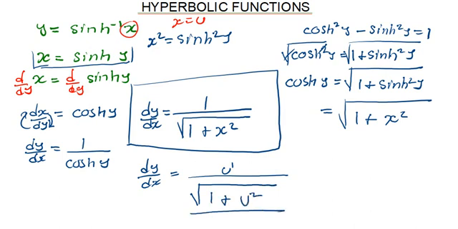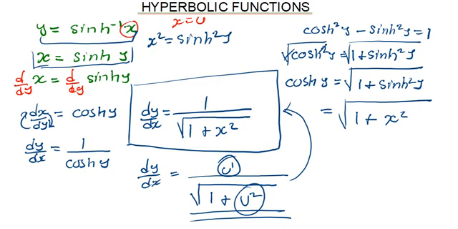So this is the equation that we're going to be using, and this is what you get if they ask you in this way. Generally it's supposed to be u prime, then down here you have your u squared, like that.